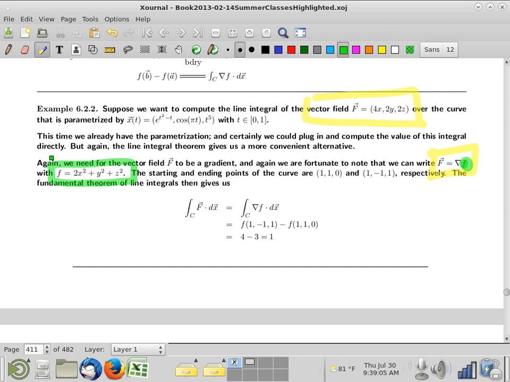So this question could be rephrased as, instead of compute a line integral of a vector field, compute the line integral of the following gradient field.